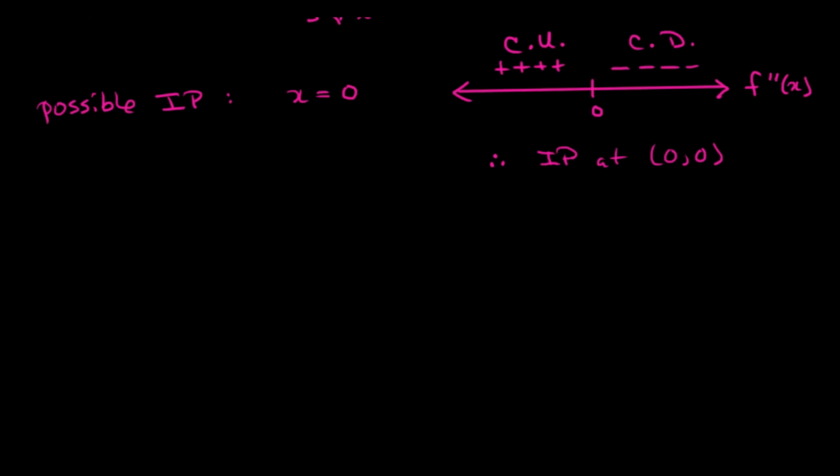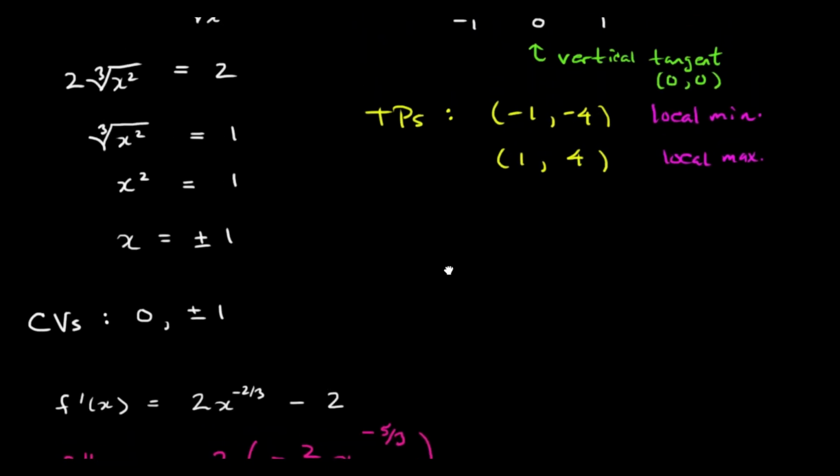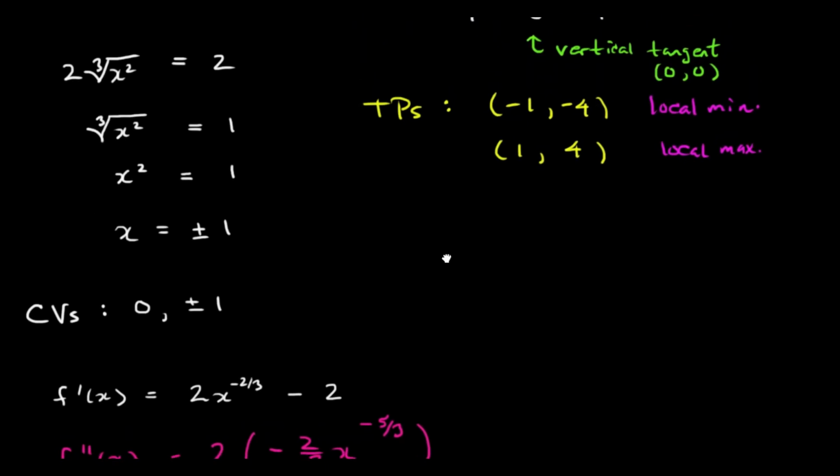So let's see if we can sketch this curve, at least something. And then ask ourselves, I guess, what we have here right now. Well, I got a point at the origin where there's lots of funny business happening. I had some turning points, so let's go back up and remind ourselves. Those turning points are at -1 and -4 and 1 and 4.